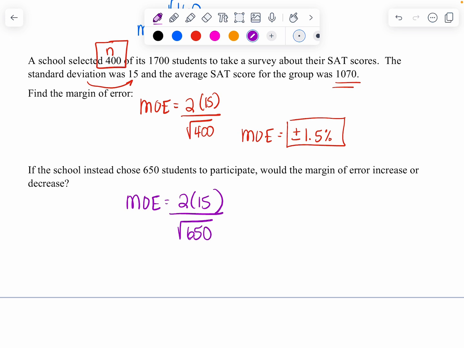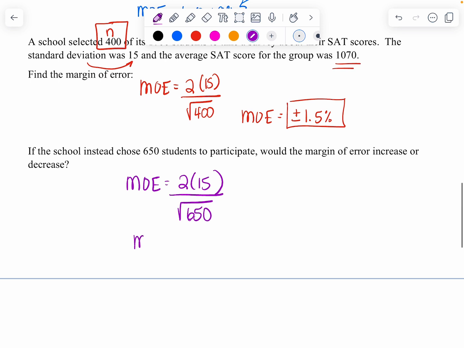When I put that in my calculator, I got a margin of error equal to plus or minus 1.18%. 1.18% is lower than 1.5%. So the margin of error will decrease.